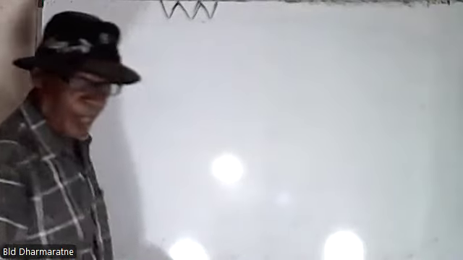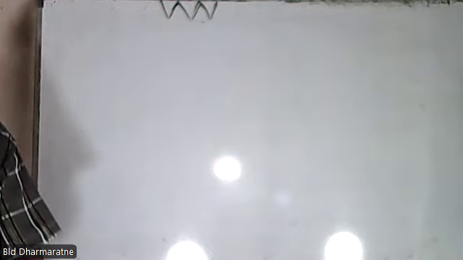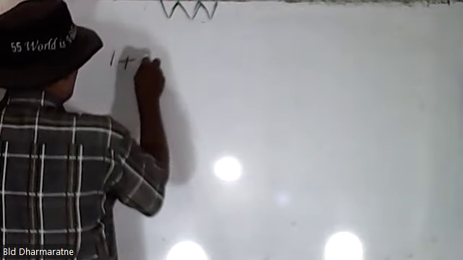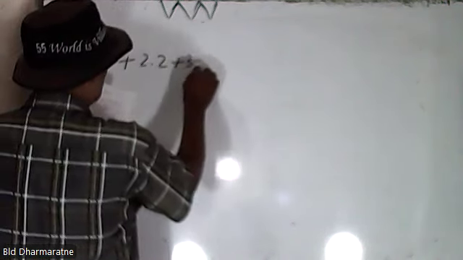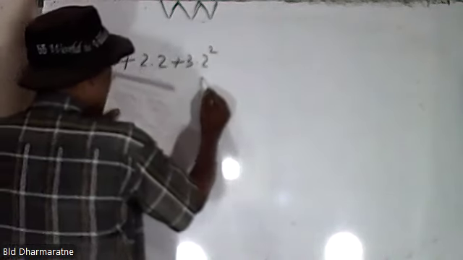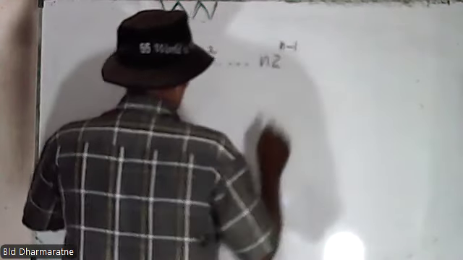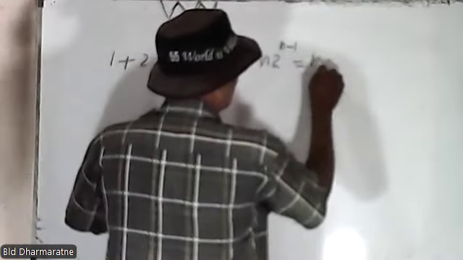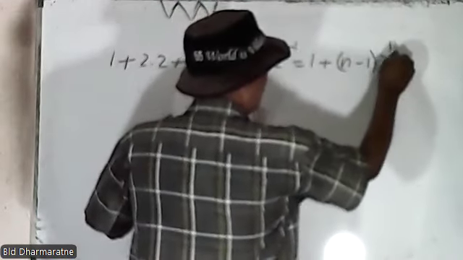It's a simple way. The next one is: 1 plus 2 times 2, plus 3 times 2 squared, up to the term n times 2 to the power n minus 1, equals 1 plus n minus 1 times 2 to the power n.